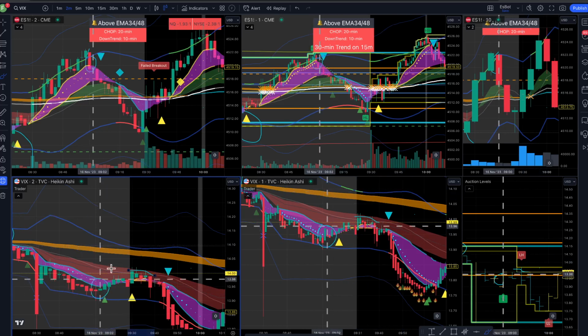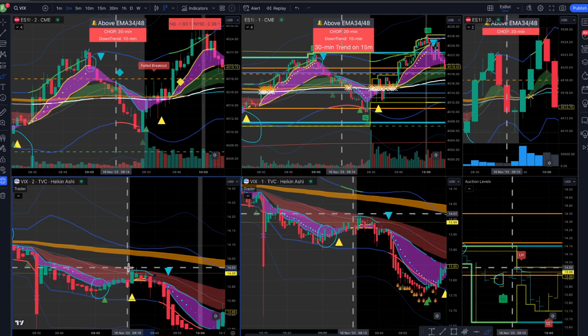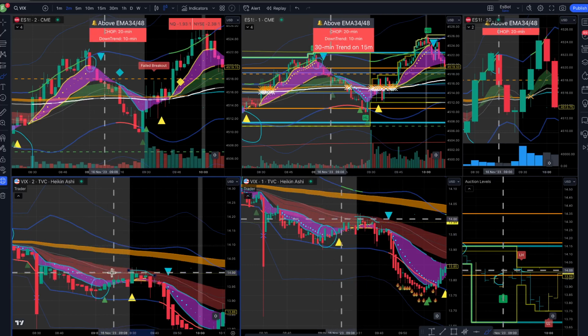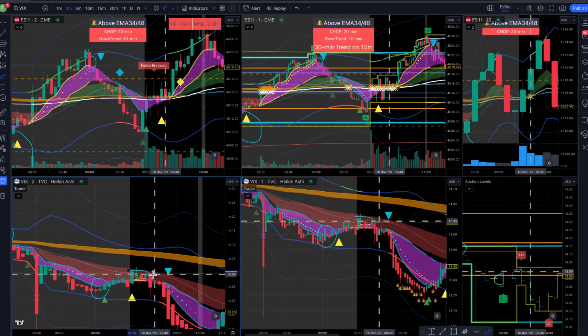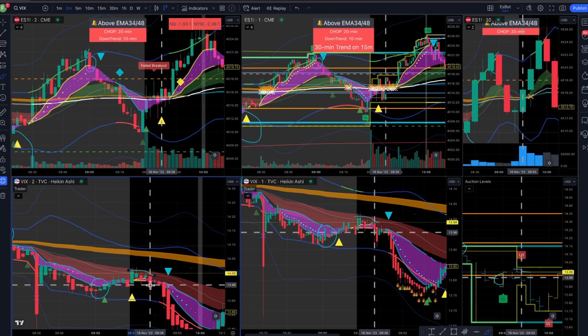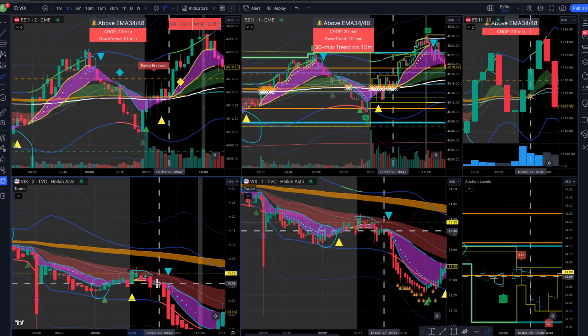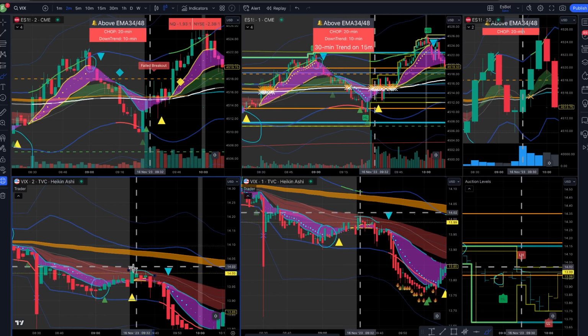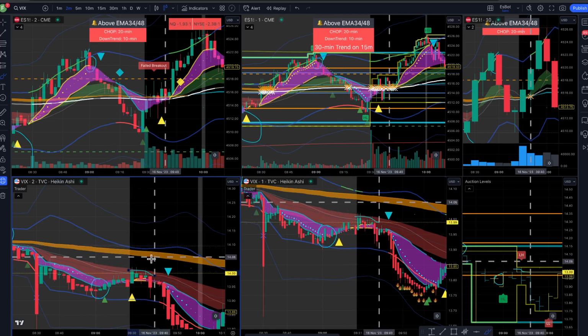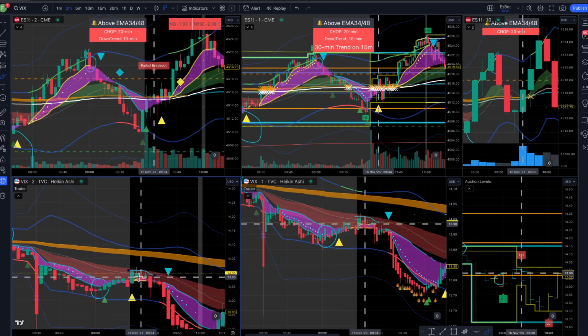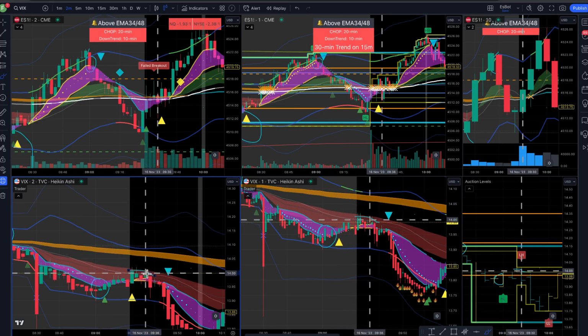The fact that VIX is respecting this EMA cloud right here and going down tells me that VIX is still going down. If it cannot break through this cloud, it cannot break through the 48. So it's respecting it for now, which means it's going to keep going down.